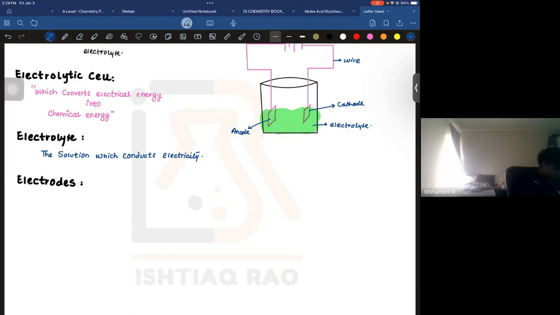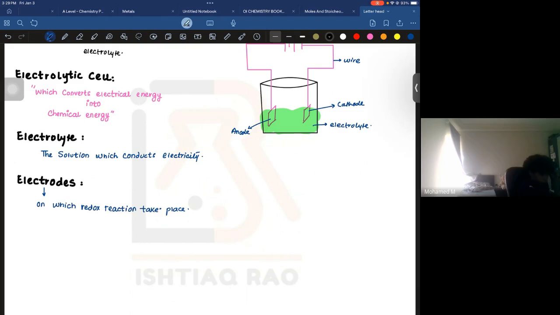Electrodes, basically, are where a redox reaction takes place.